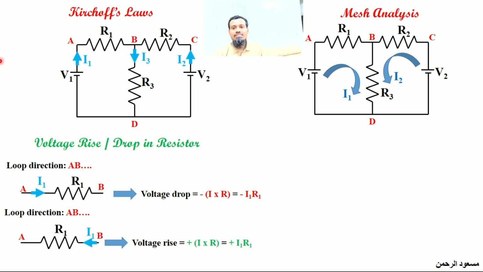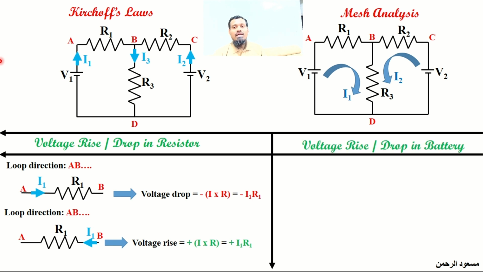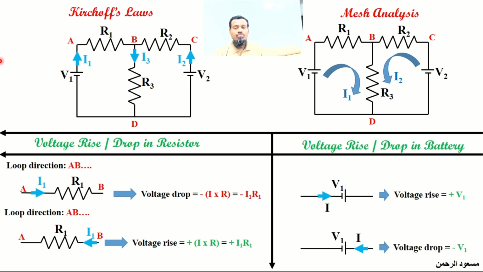In case of batteries, according to the assumed current direction, if the current passes in a battery internally from negative to positive polarity, it is called a potential rise. Whereas if a current goes internally inside a battery from positive to negative polarity, it is called a potential drop. So with these 4 logics, we will go into the solution.